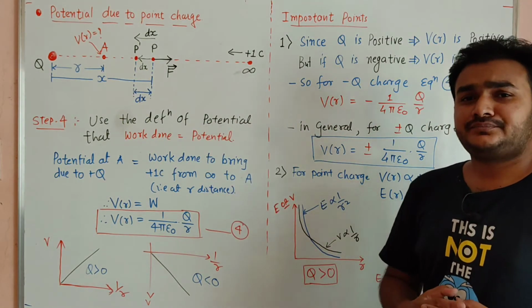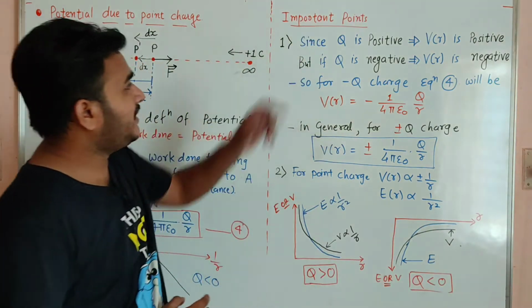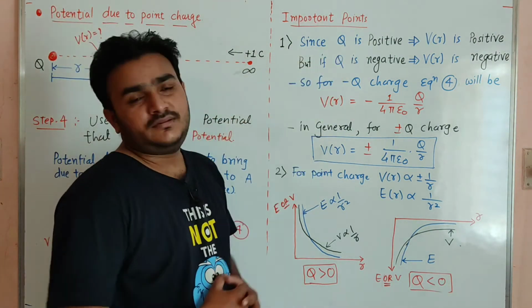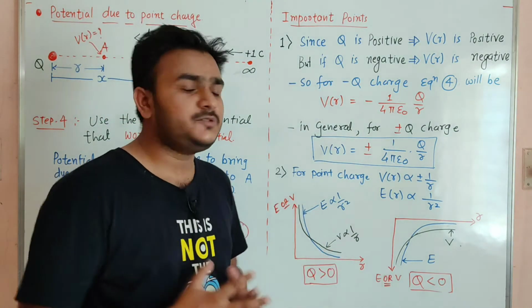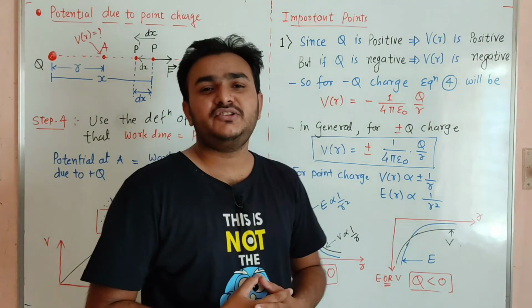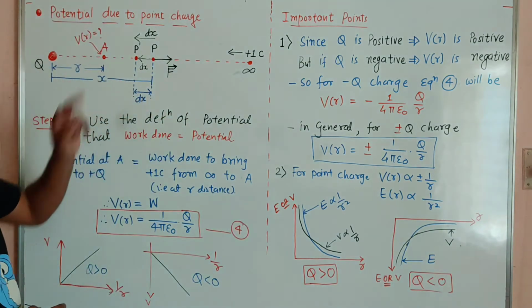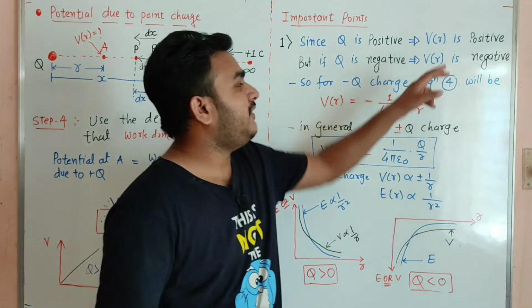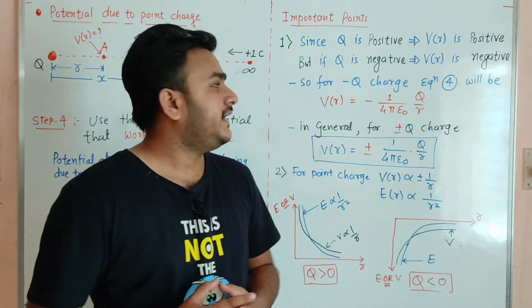Now let us go through these important points of equation number 4. Since plus charge is there, if the charge is positive, the value of potential at a particular point A is positive. But if charge Q is negative, then the value of the potential will be negative.